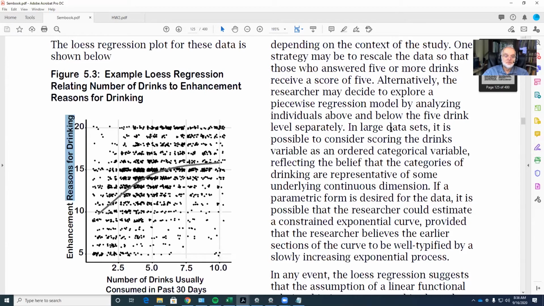But my take-home message to you is, as you are looking at your data in your project, your thesis, your dissertation, you're to be the expert on what's going on. And lowess regression would be the first tool you might have to check whether that relationship is linear.